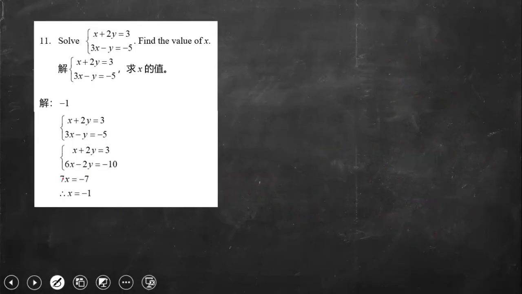Okay, number 11. Solve the system of equations and find the value of x. So in the first one, we rewrote it, and then to get to the second one, here. Since we're finding the value of x, I want to eliminate the value of y. So we have x plus 2y equal to 3.